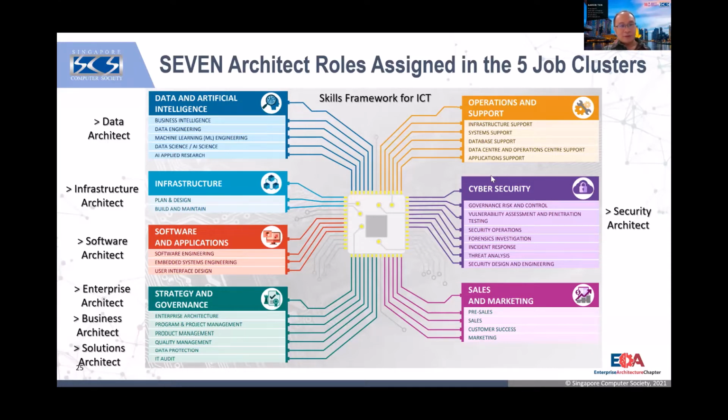This is where the enterprise architects are aligning and realizing the strategy. Then the business architect and solution architect are inside the job cluster of strategy and governance. And the next one, of course, is cybersecurity. I think cybersecurity is very, very important and needs to be embedded right from the business itself. So when you define the business architecture, you need to embed the security itself.